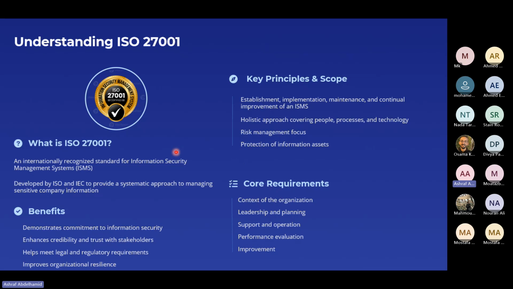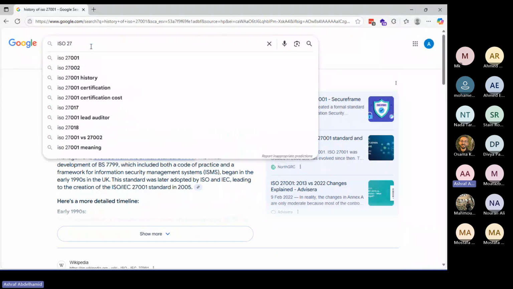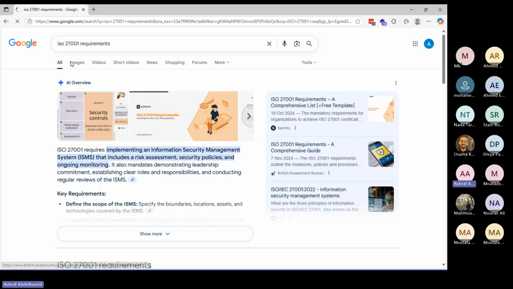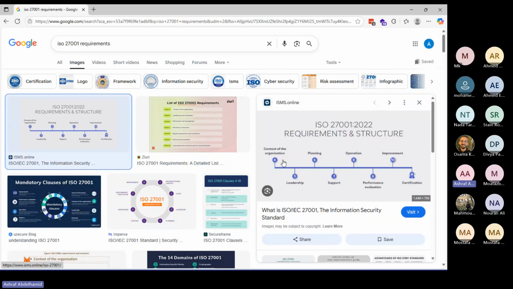Also, let's have a look at the requirements of ISO 27001. It has 7 requirements and a list of controls. It adopts the continuous improvement cycle. When we look at the standard, we find the first requirement is clause number 4.